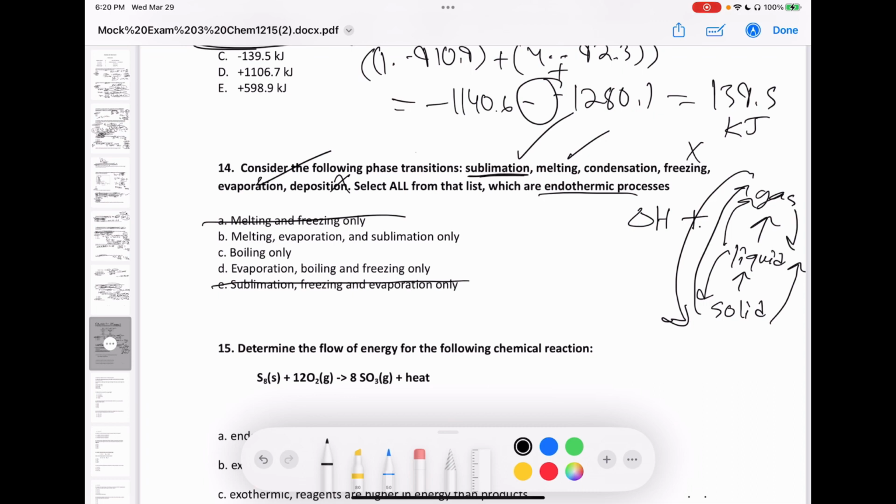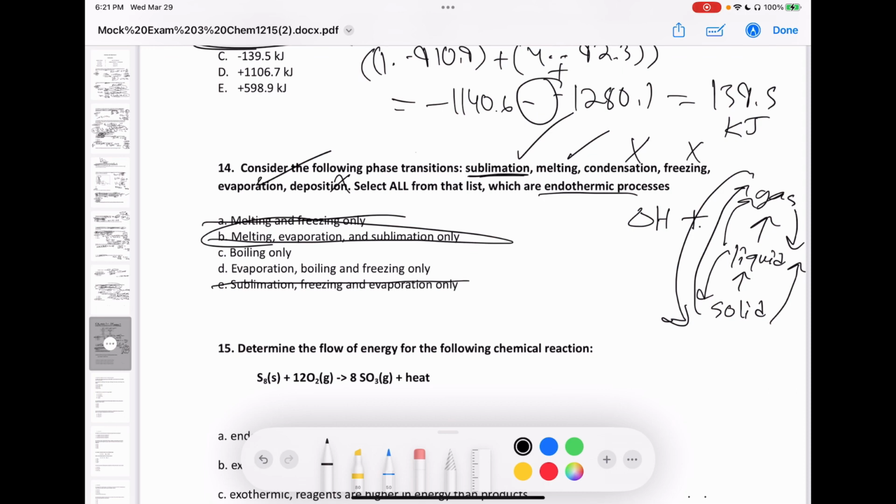Sorry for not knowing that. Going from gas to liquid, something has to be cooled, like water vapor going to just water. So it's not going to be condensation. So then we want sublimation, melting, and evaporation. And that's answer choice B.